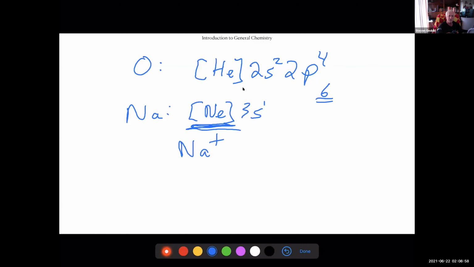Beryllium, magnesium, calcium, those are always going to lose 2 electrons, because those have 2 valence electrons, and they're going to be Ca2+. Boron and aluminum, they're going to lose 3 electrons. Aluminum is going to be 3+, because they have 3 extra electrons, as do boron, gallium, indium.